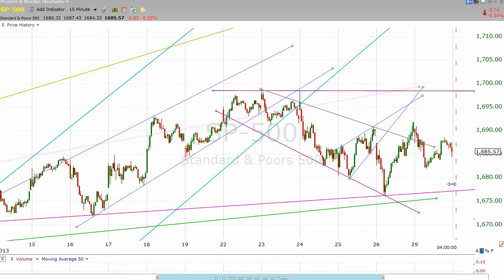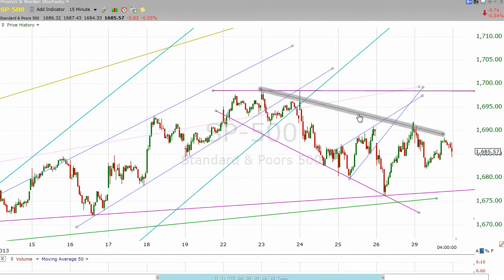Now, what about this top line? Well, nothing lines up. I thought maybe here, here, and here, but then we got this little open on the 24th that was up at around 1698. So do you do that? Well, I've already got that line. So what do we do?